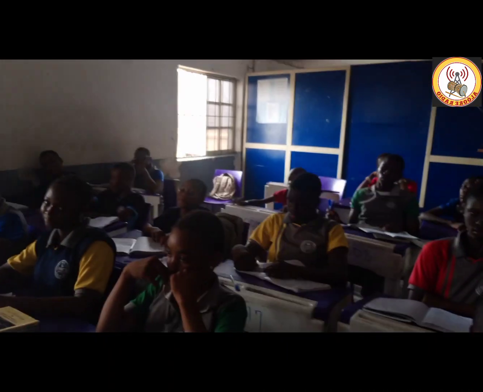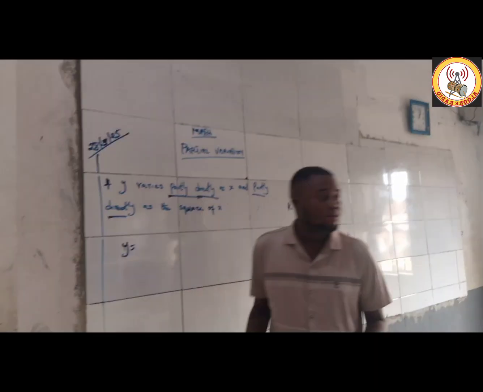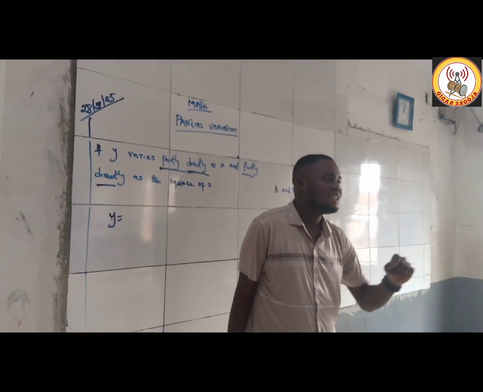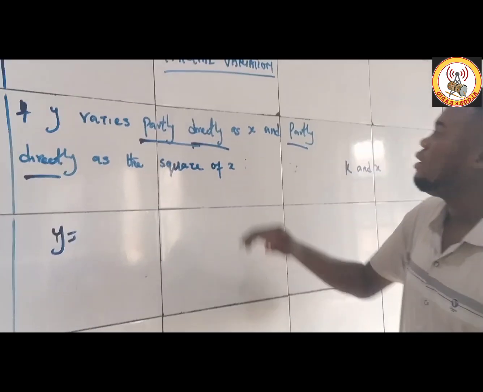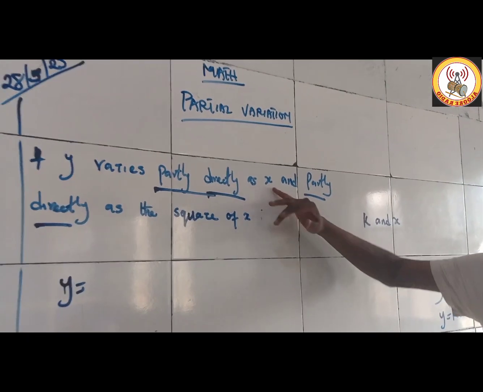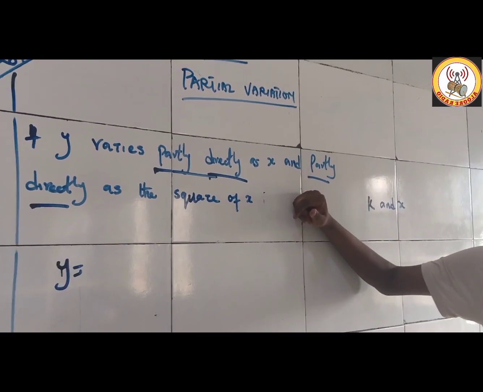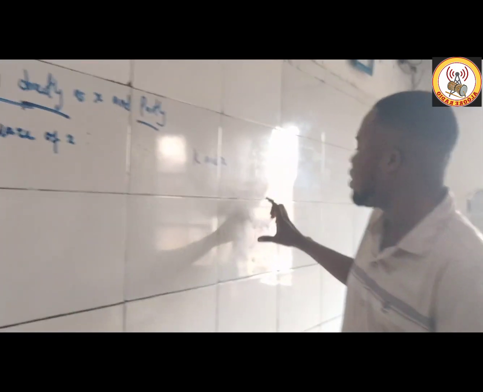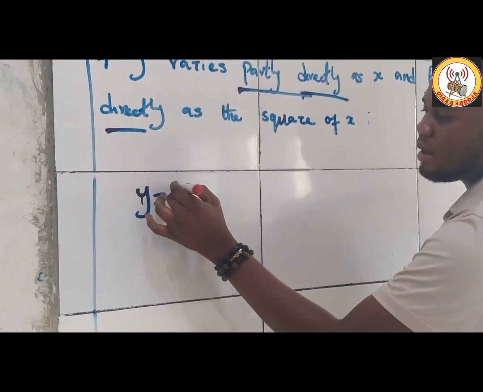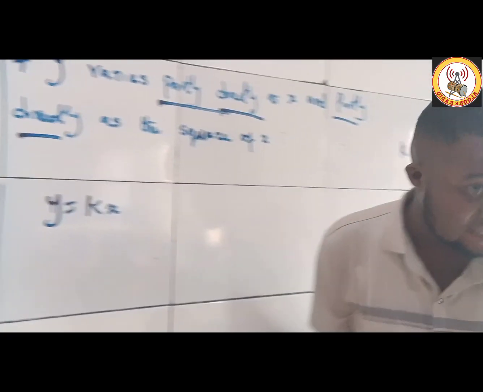Now they said that y varies partly directly as x and partly directly as the square of x. So firstly, our y will be y equals kx, right? Yes, sir.